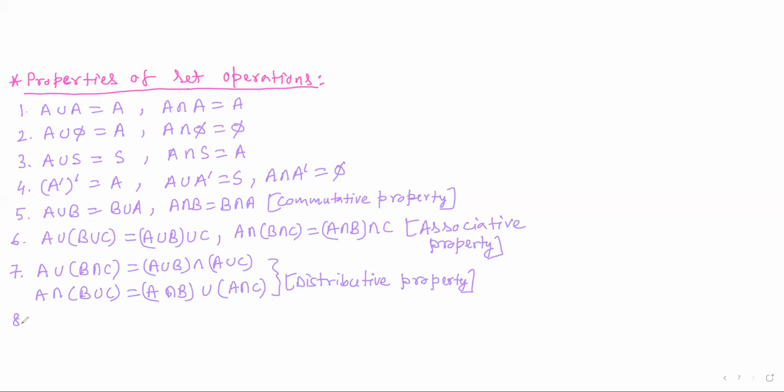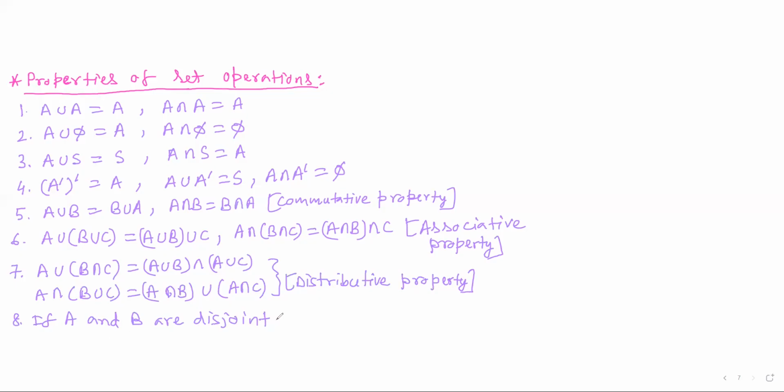Now property number 8: if A and B are disjoint, it means the intersection between A and B is phi.